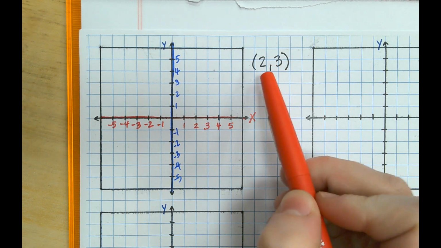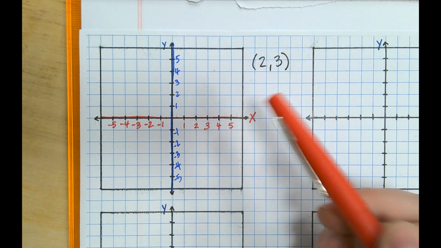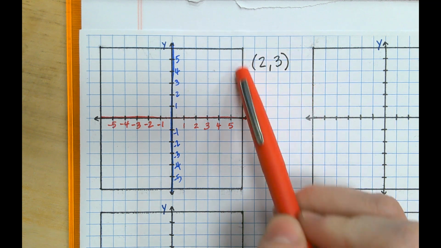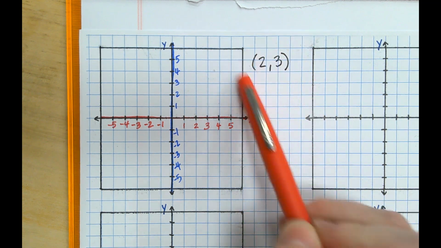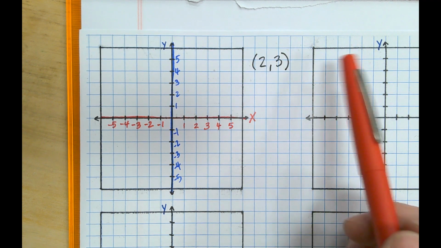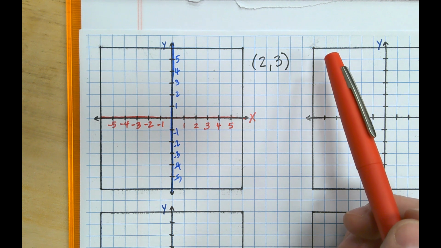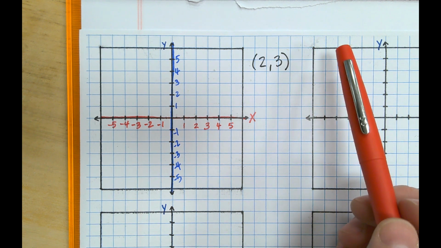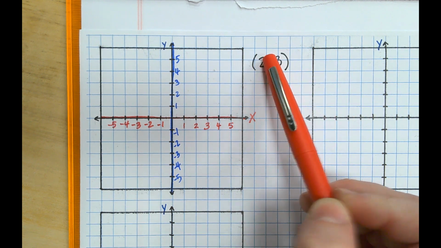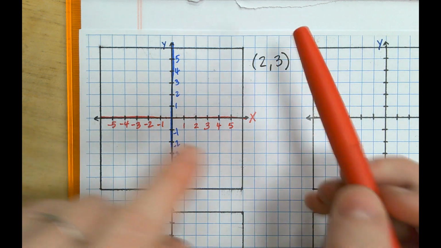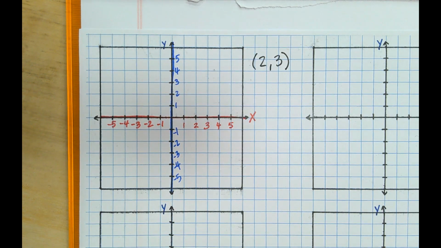Now let's look at this set of numbers in parentheses I gave you. This is called a coordinate. Everybody say coordinate. Come on, give me some enthusiasm. Coordinate. Thank you. So guys, a coordinate is just like, if you just took geography or history, we talked about coordinates on a map, it tells you where something is.